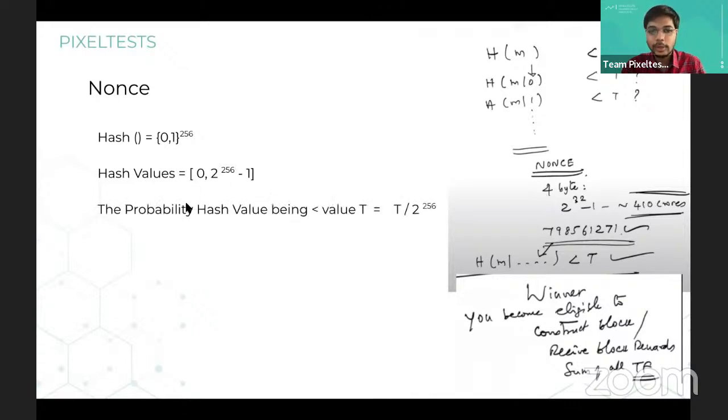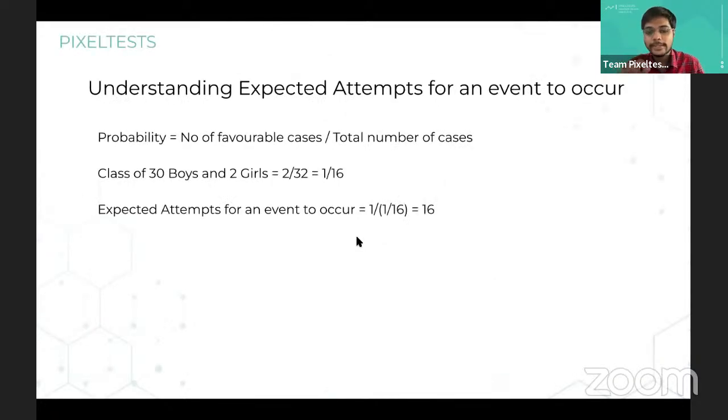And so the probability of hash value, so now what we are doing here is like in our previous case. Let's say when we said the probability of the name being a girl's name was a case, instead of that, if there were 32 people in the whole class, and we're not mentioning gender as 30 boys or 2 girls, we say 2 members, like there are 2 names, right?